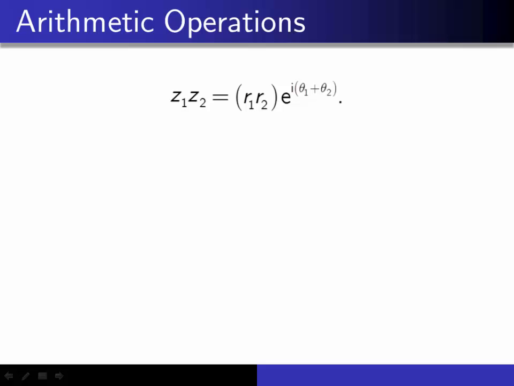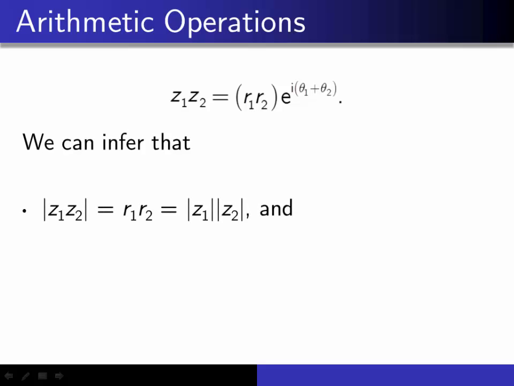R2 was the modulus of Z2. So just from this result, I can immediately conclude that the modulus of the product is equal to the product of the moduli. I repeat, the modulus of the product is equal to the product of the moduli.